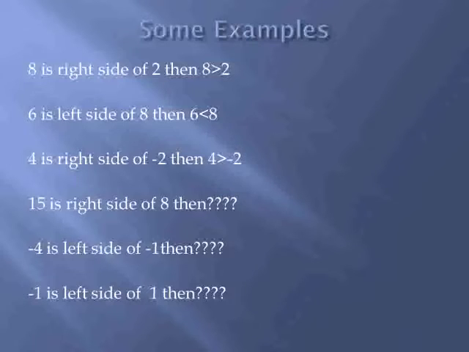Second, 6 is on the left side of 8. Left side means the smaller one, so 6 is smaller than 8. This means 8 is greater than 6, or we can say 6 is smaller than 8.